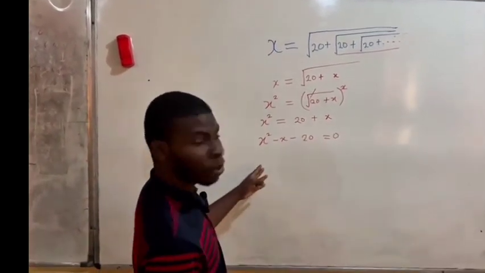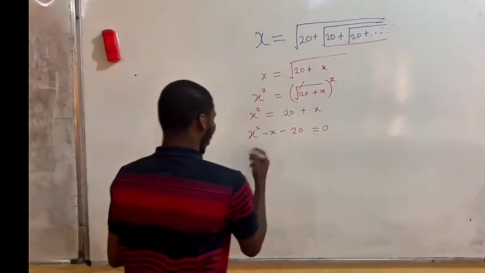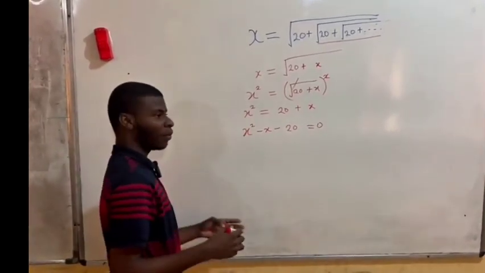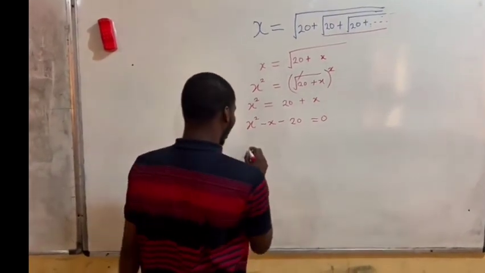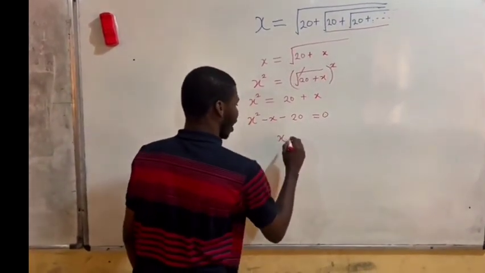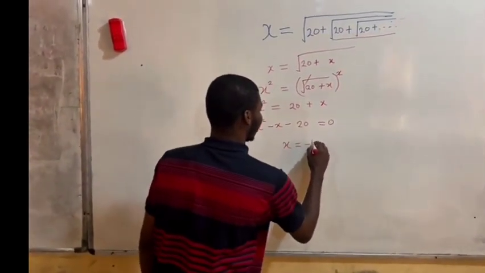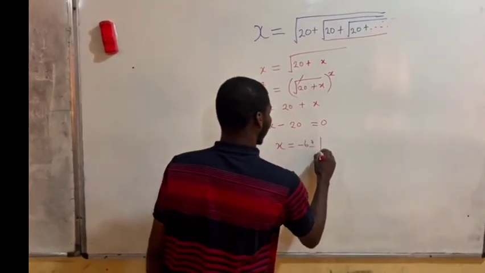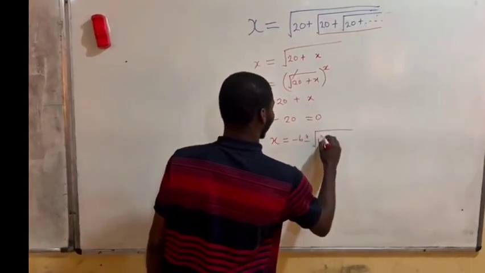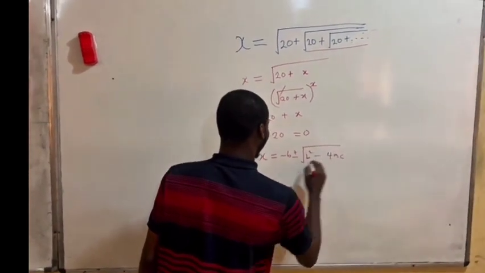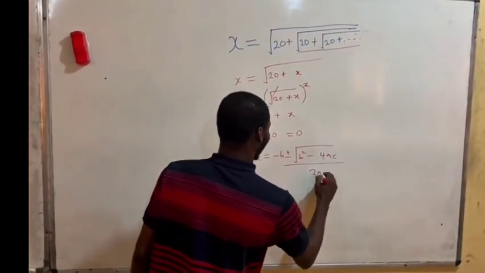Now this is a simple quadratic equation which we can solve using different methods, but I would like to use the almighty formula. The almighty formula is x equals minus b plus or minus the square root of b squared minus 4ac, over 2a.